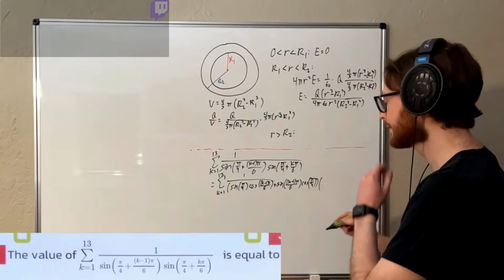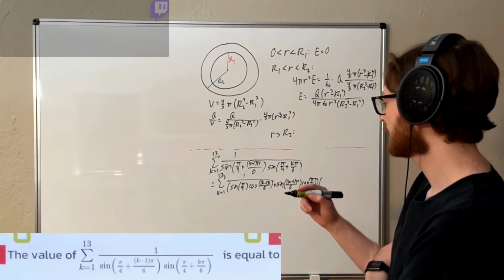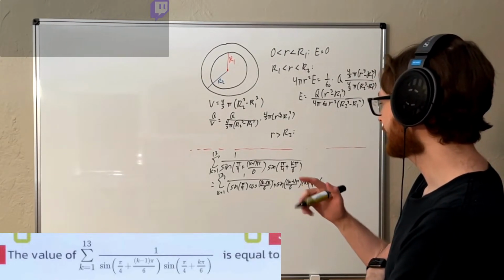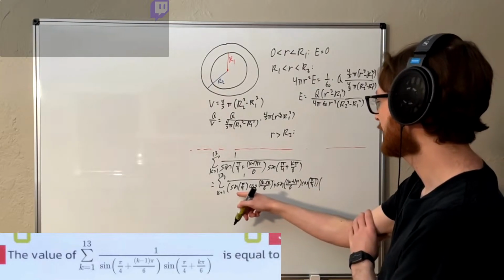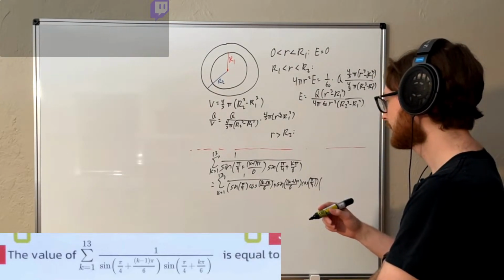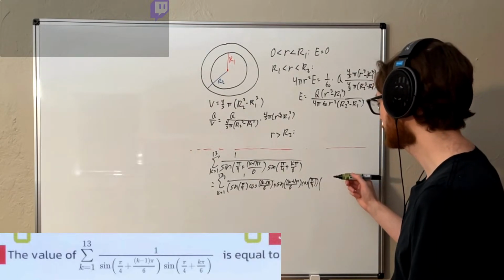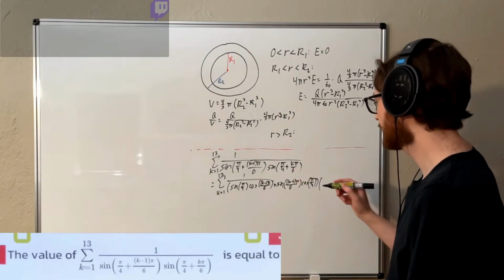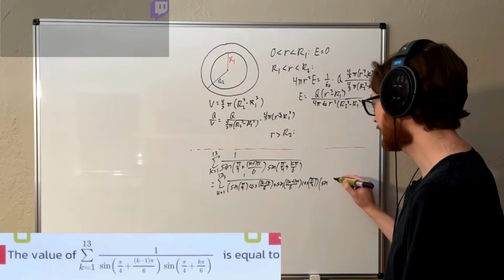Okay. And we might get something vaguely nice here because sine pi over 4 and cosine pi over 4 are the same thing. Not quite sure though. Applying it over here, it'll be the same form, just k instead of k minus 1.